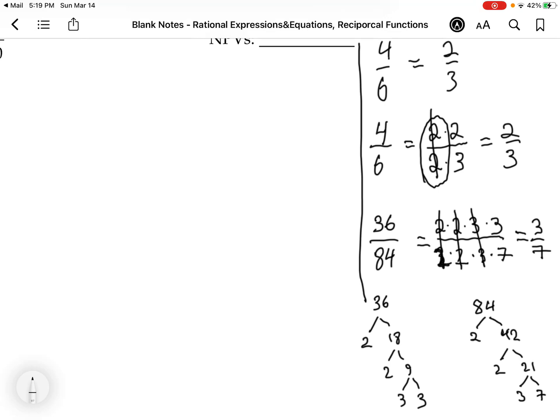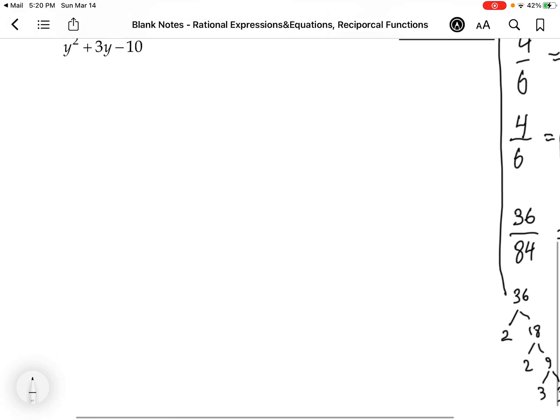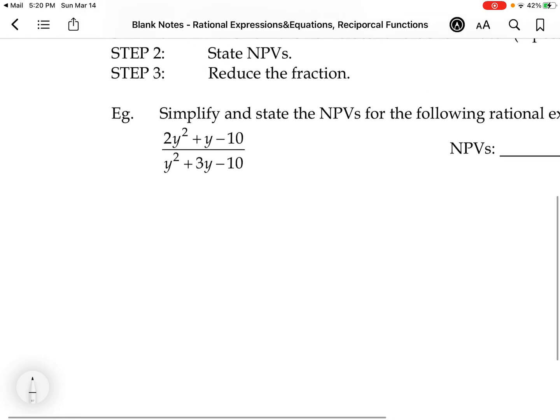Now this process of factoring things down to their smallest parts that we just did with numbers is exactly what we're going to do with rational expressions. There's just one caveat, and that is that we have to think about non-permissible values as well, which we don't have to do with numbers. So that's what we're going to do over here.